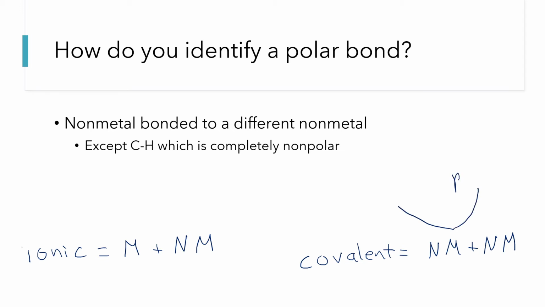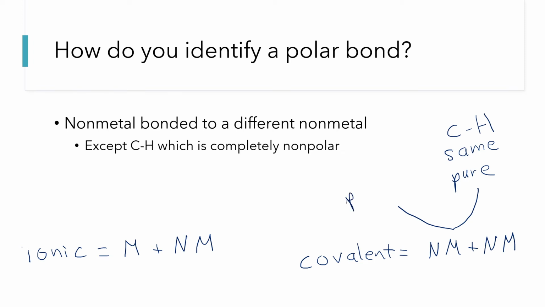A pure covalent bond will happen whenever we have the same nonmetal bonded to itself, with the one exception to that being carbon-hydrogen. The carbon-hydrogen bond, even though they're two different nonmetals, is essentially a pure nonpolar covalent bond.